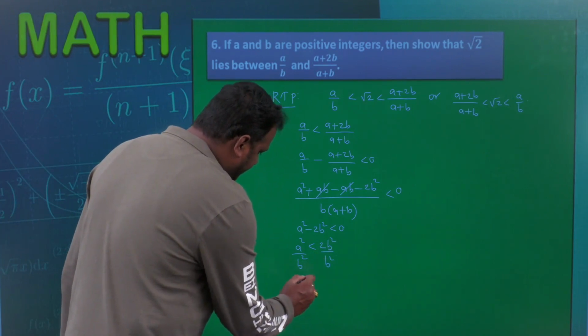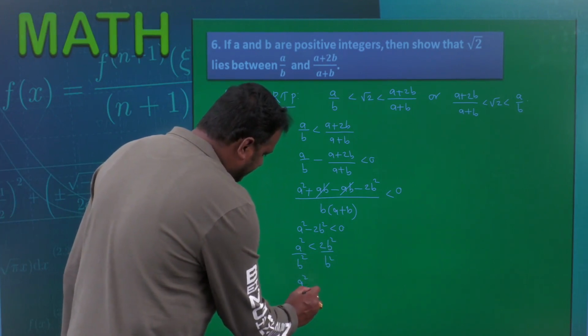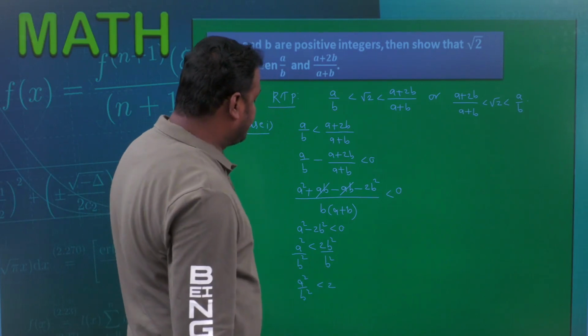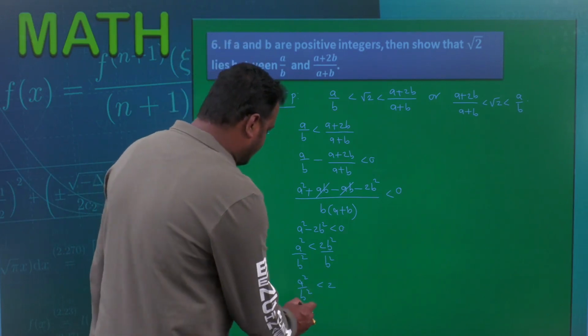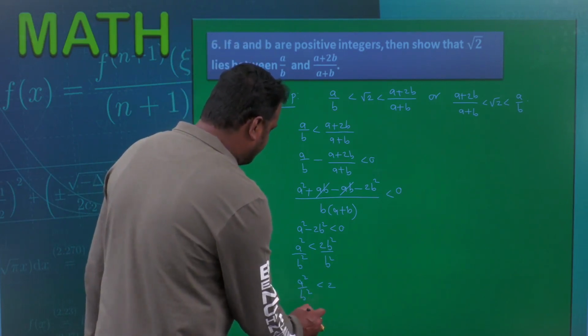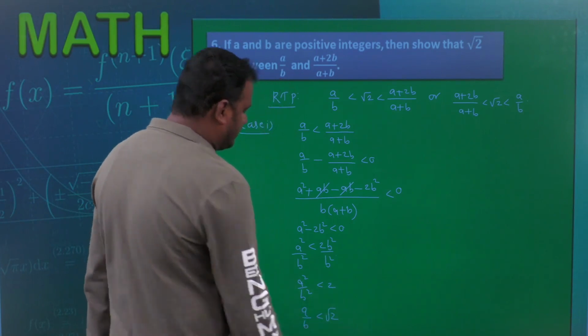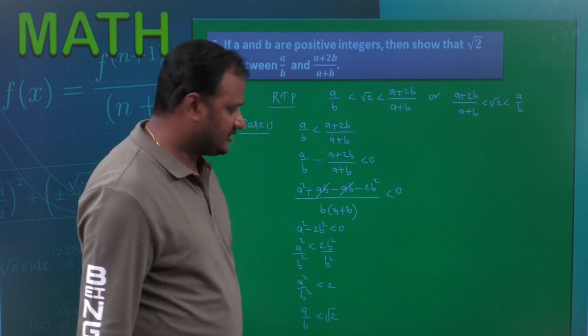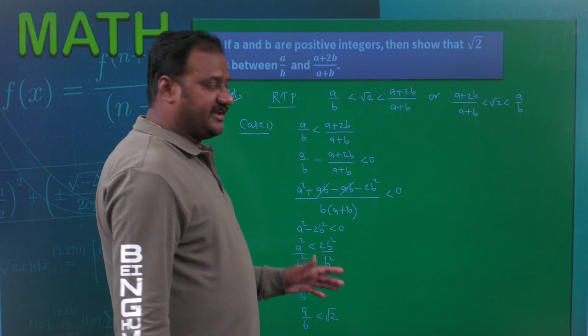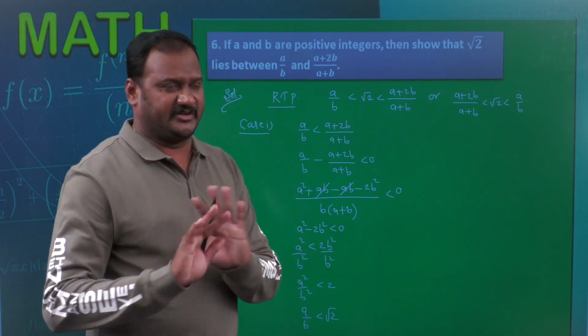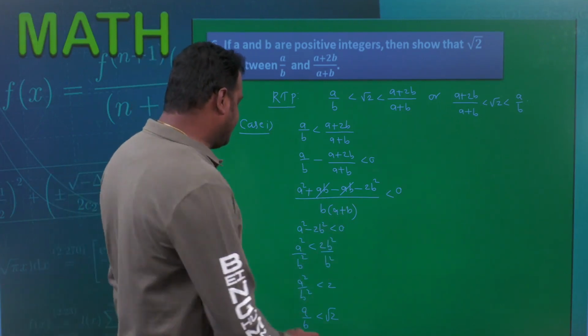Then a square by b square is less than 2. Then we can easily write the value of a by b as less than square root 2 if you take square roots on both the sides. Because a square and b square both are positive numbers, taking the square root does not matter. So a by b is less than root 2.